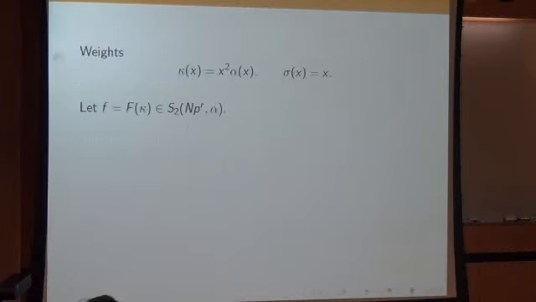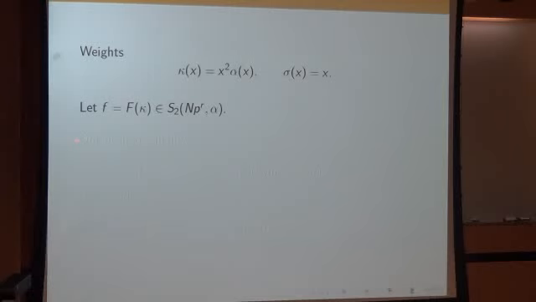Okay, so again, my weights are kappa of x equals x squared times alpha of x, where alpha is an even Dirichlet character of conductor p to the r, and sigma of x is just x. So that corresponds to the point s equals 1. Sigma of x equals x to the 1. Okay. Now, these Hida families, remember I said that it's sort of indexed by elements in Zp. Actually, this lifts to weight space also.